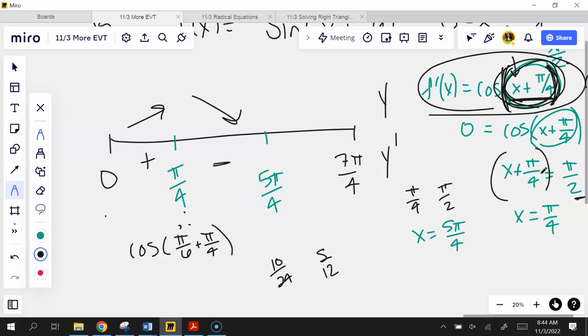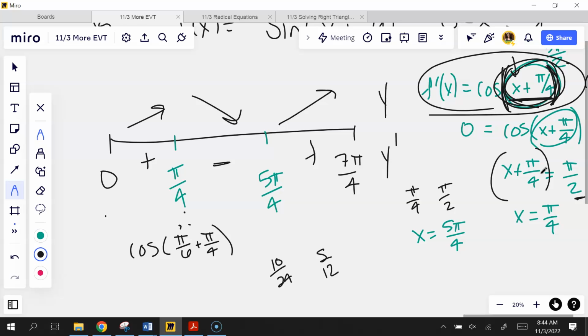And then between 5 pi over 4 and 7 pi over 4, but I click it over pi over 4, right? So now I am from here to here. What is cosine? Positive. That was a little bit tough, right? Because I'm adding pi over 4.